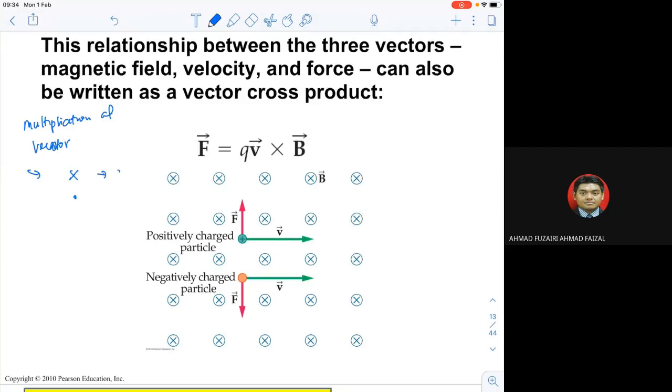Cross product gives a vector quantity, and dot product gives a scalar quantity.